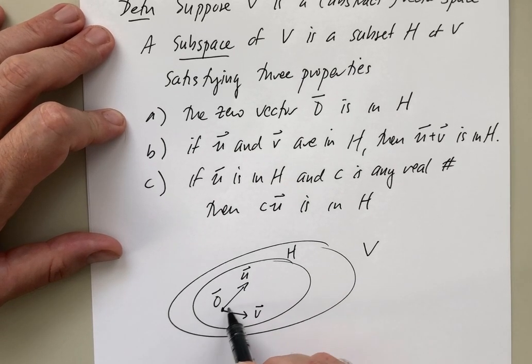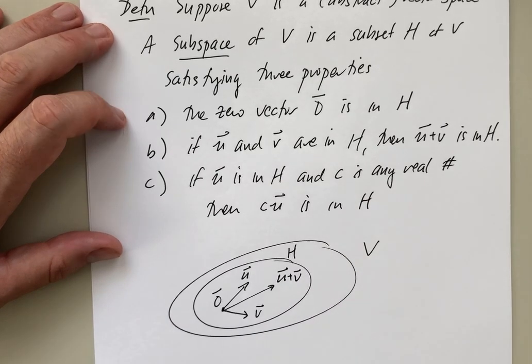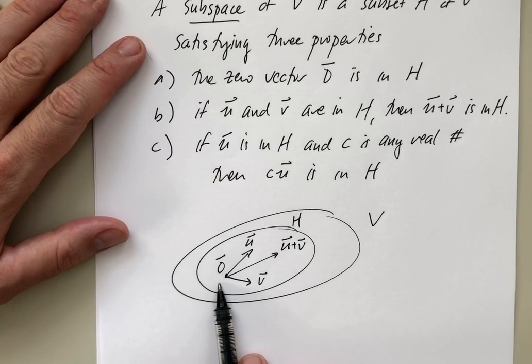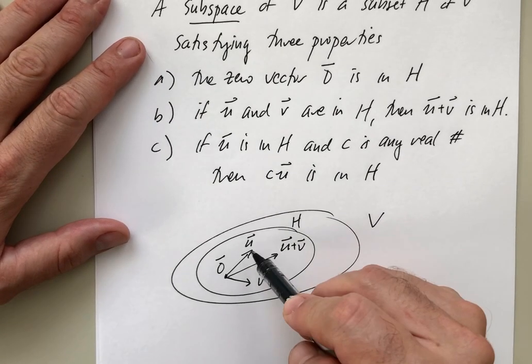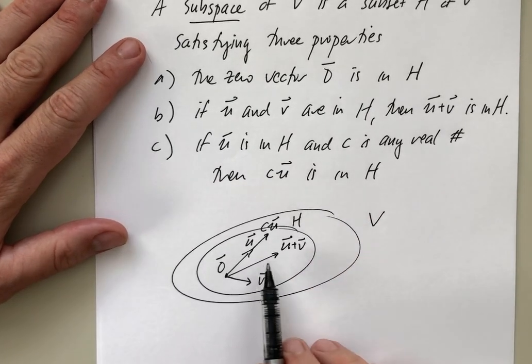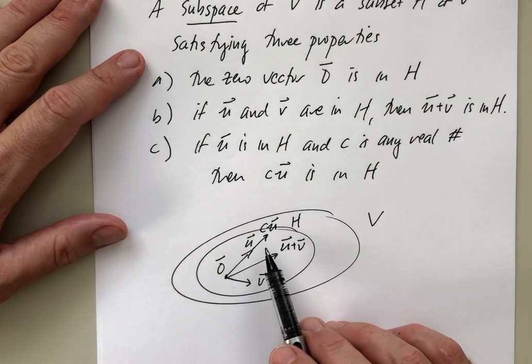But let's say this is u plus v. It better stay in H, right? So my drawing is okay. And then the other condition is that when I scale u or scale v by any number, it's got to stay in there, right? So let's say this is c times u. Now, of course, in my picture, c times u can actually get outside of H, and my cartoon breaks down here.